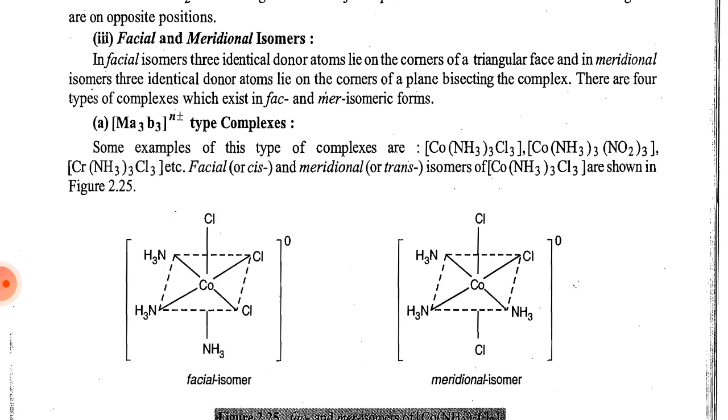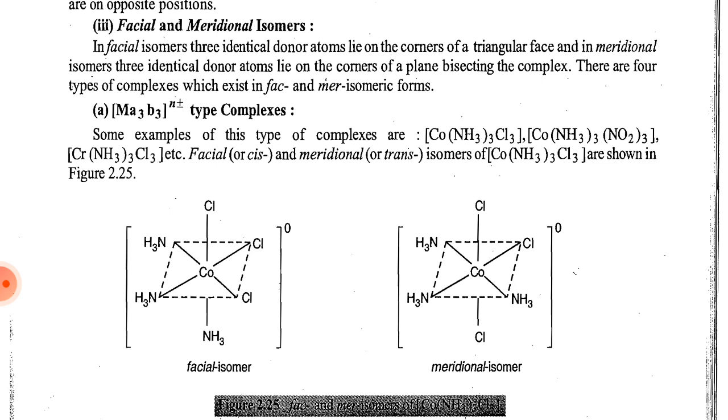Next is facial and meridional isomerism. So what is facial and meridional isomerism? In the facial isomer, three identical donor atoms lie on the corner of a triangular face, and in the meridional isomer, the three identical donor atoms lie at the corner of a plane bisecting the complex. There are two types of isomers which exist: FAC, facial, and MER, meridional.